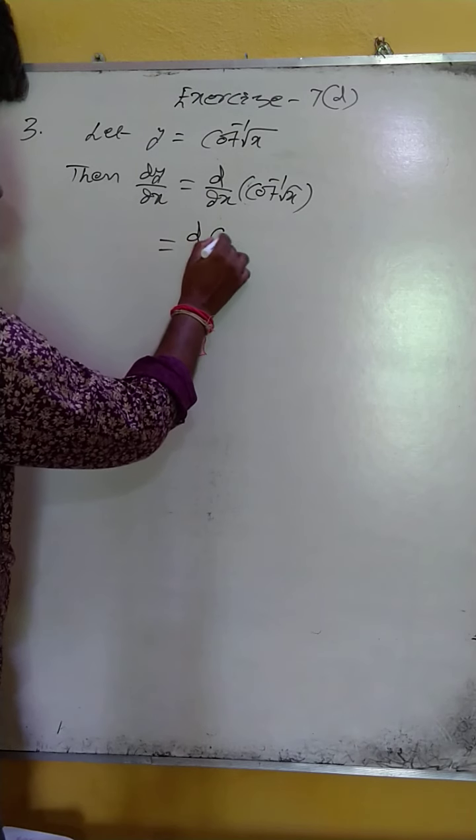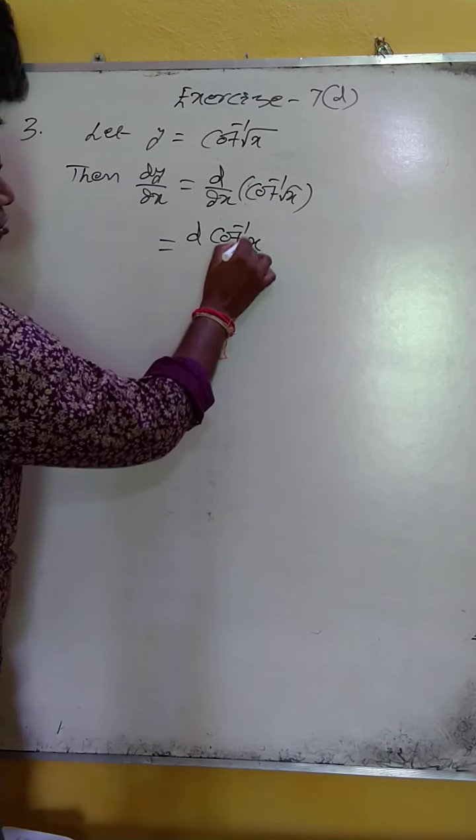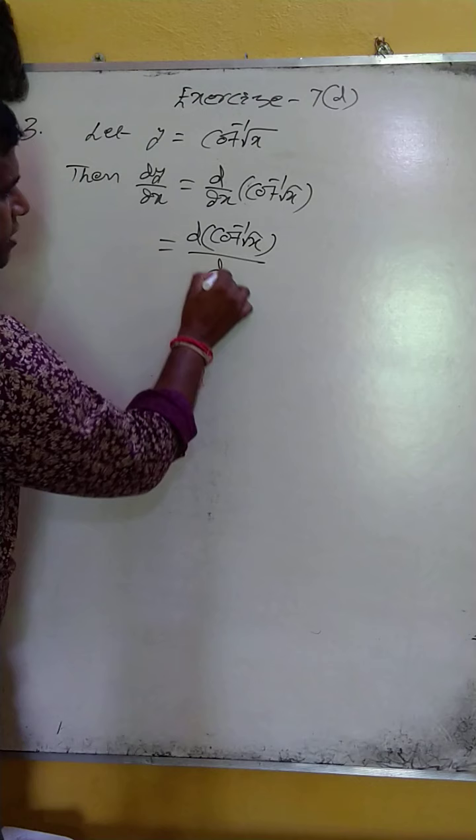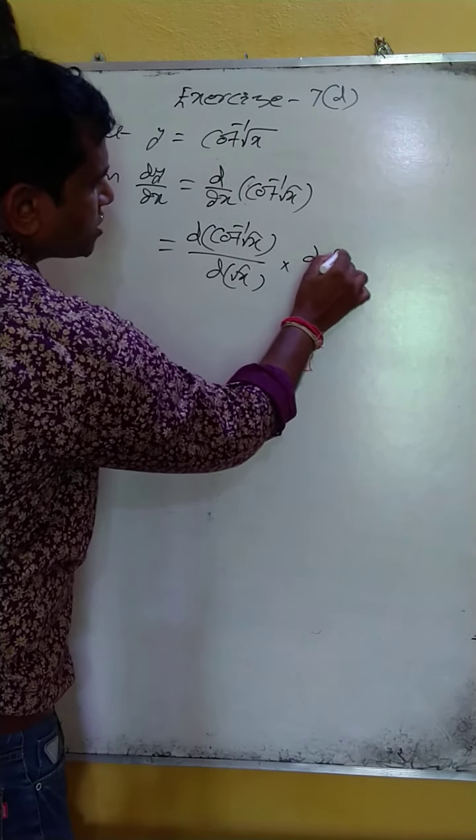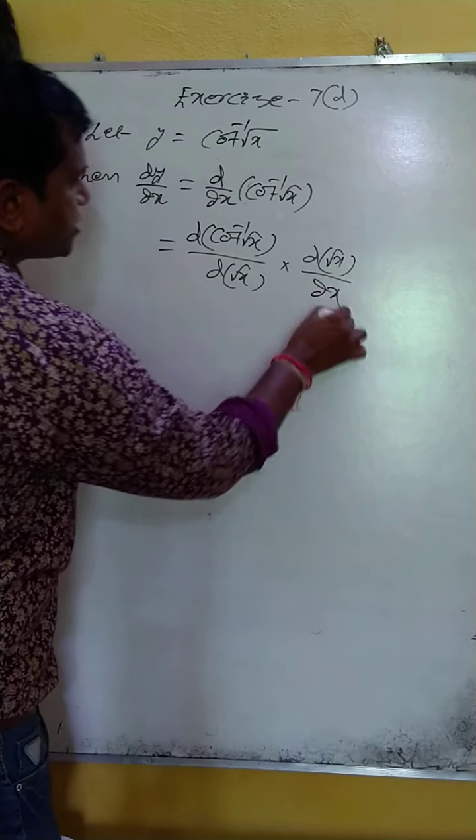So we write d of cot inverse root x divided by d of root x into d of root x divided by dx.